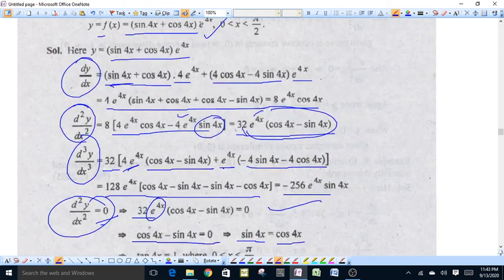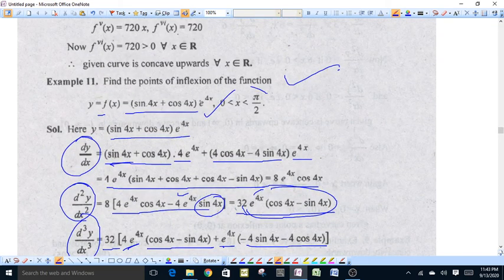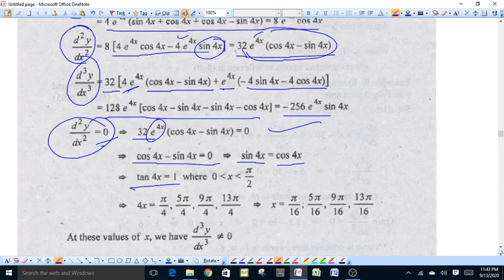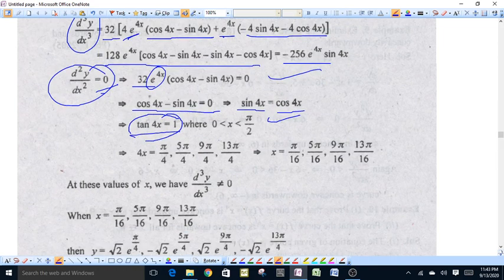Given that x lies between 0 to pi by 2, for this interval this equation has the solution 4x equal to pi by 4, 5 pi by 4, 9 pi by 4, 13 pi by 4, that is x is equal to pi by 16, 5 pi by 16, 9 pi by 16 or 13 pi by 16.